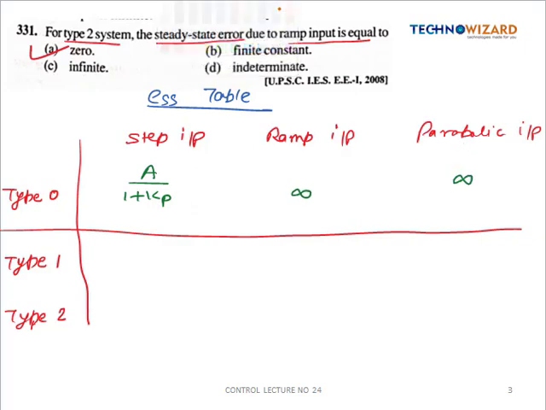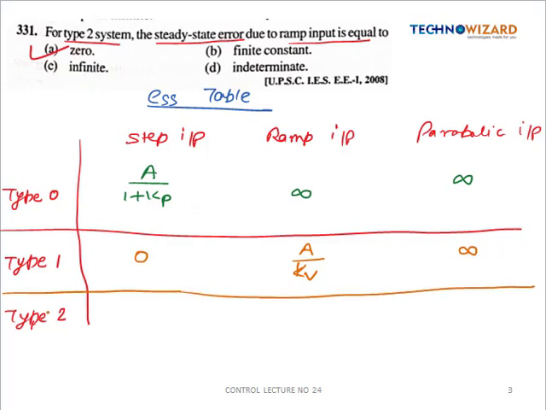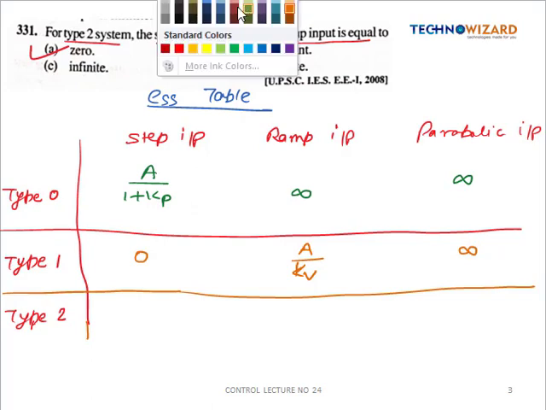Next, in case of type 1, if we apply the step input, we get 0 steady state error, and in case of ramp input, we get A by Kv, where Kv is the velocity error constant. For the parabolic input, the steady state error is infinite in case of type 1. And last, we have the type 2 system.